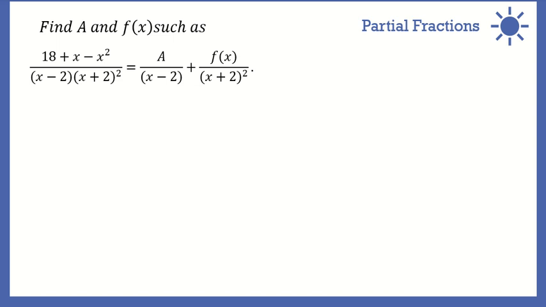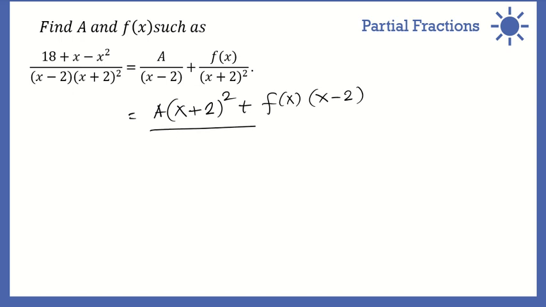We can get the common denominator: A times x plus 2 squared plus f(x) times x minus 2, and the denominator should be x minus 2 times x plus 2 squared.